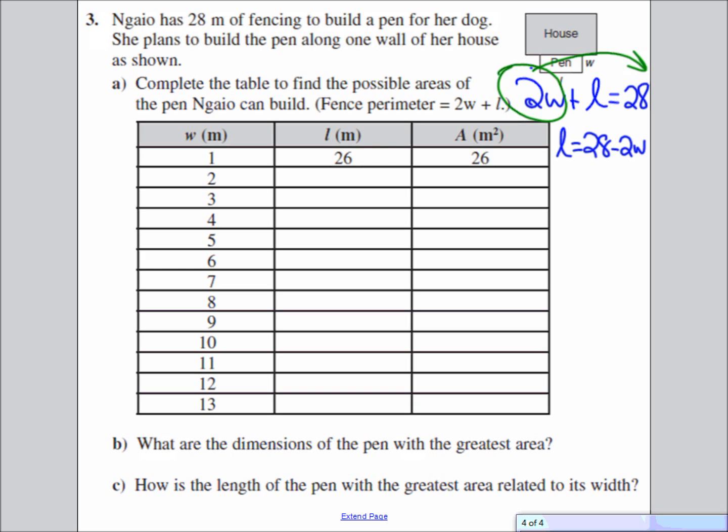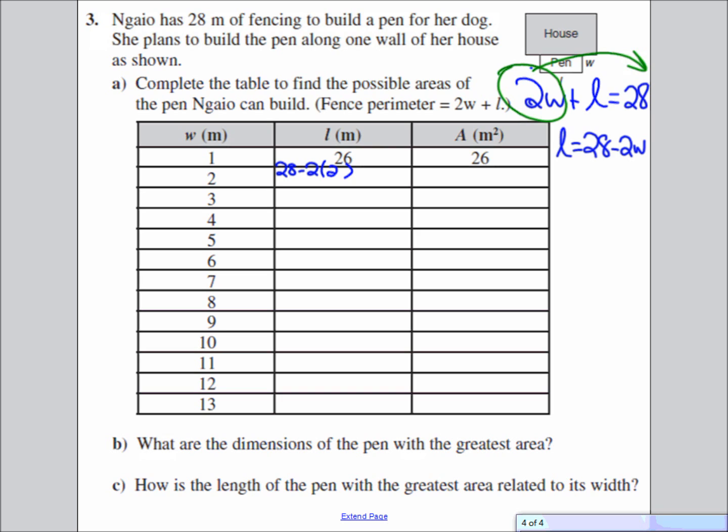Now, because she picked arbitrary numbers for possible widths of her pen, can I calculate the length? Can I say, okay, well here, and this is where it's going to get a little mucky, okay? So here, I'm going to go 28 minus 2 times W. In this row, W is 2. Does everyone agree with that?